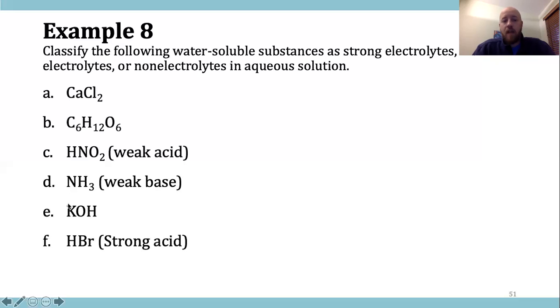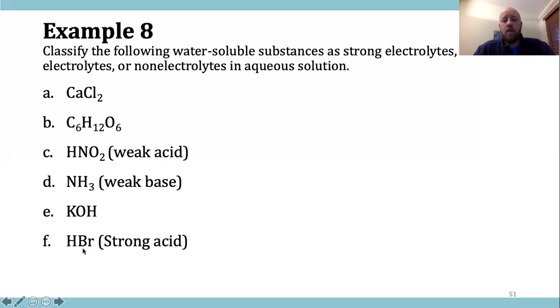Potassium hydroxide, again, we don't really know, but one thing we can say for sure is it is ionic. We have potassium and hydroxide. Again, those polyatomic ions are going to be important. Potassium hydroxide is an ionic compound, so we're fairly certain that it's not a non-electrolyte.